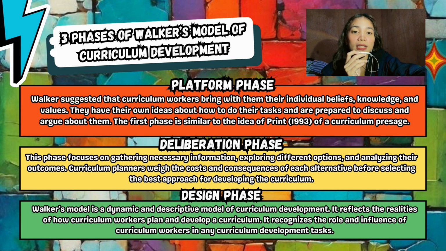They recognized the need for academic, technical-vocational, sports, and arts and design tracks to give students more career and college options. So this decision-making process showed that curriculum workers actively shape education based on real-life needs, just as Walker's model suggests.